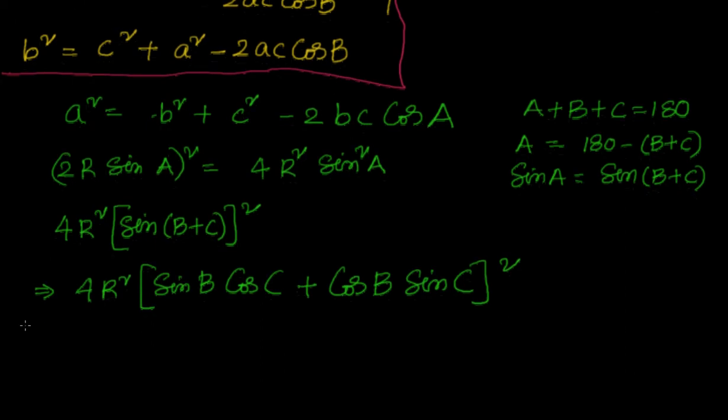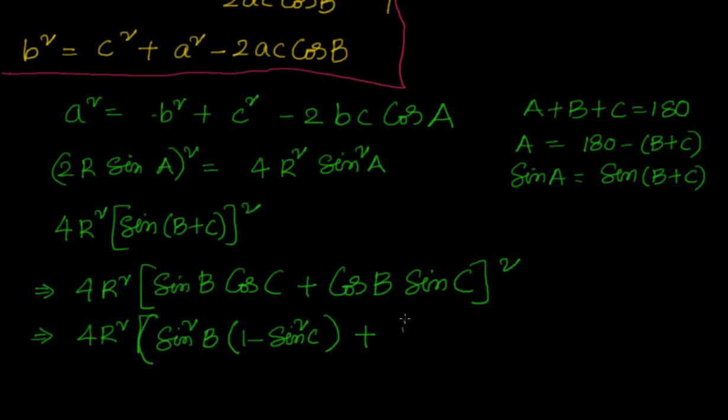What I will do, I will write it as 4r square into sin b cos c whole square, that is sin square b cos square c, I will write cos square c as 1 minus sin square c, plus cos square b sin square c, where cos square b is 1 minus sin square b.